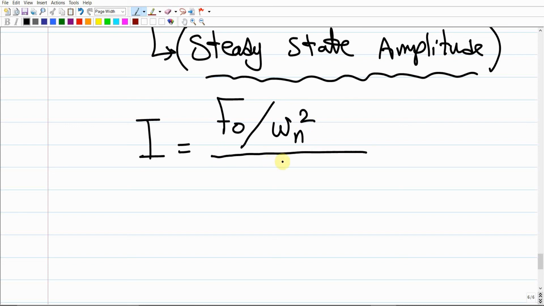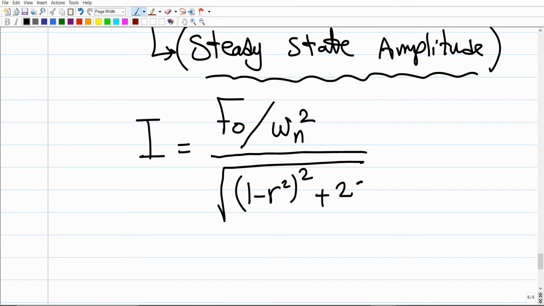This was derived as the square root of 1 over CL, which depends on the capacitance and inductance within the electrical circuit as we defined it up there. Then the square root of 1 minus r squared, plus 2 xi r, squared. So what is xi? Xi we already defined up there in terms of R, C, and L.